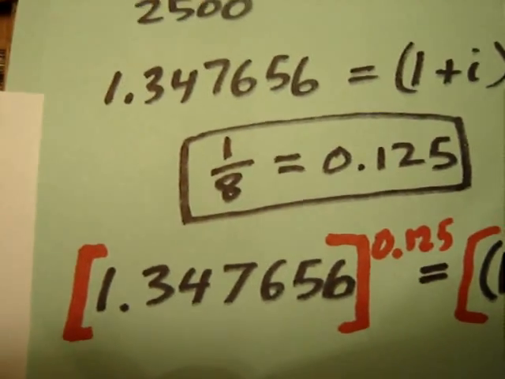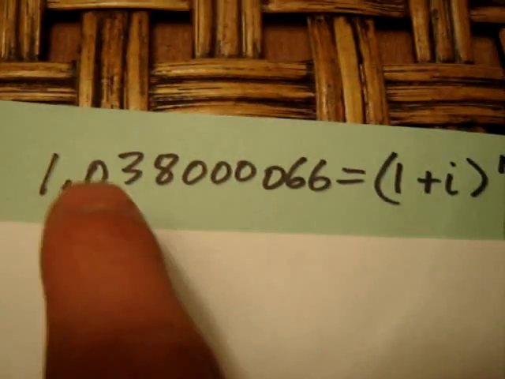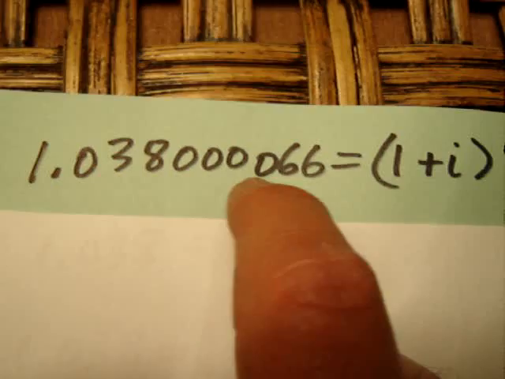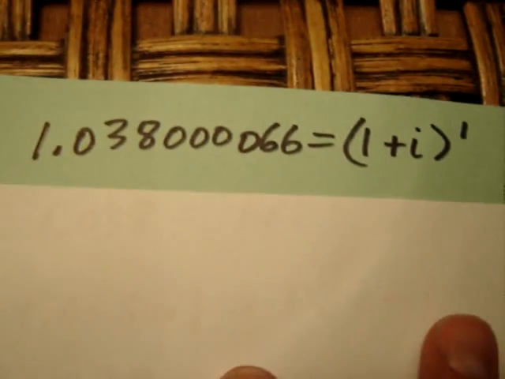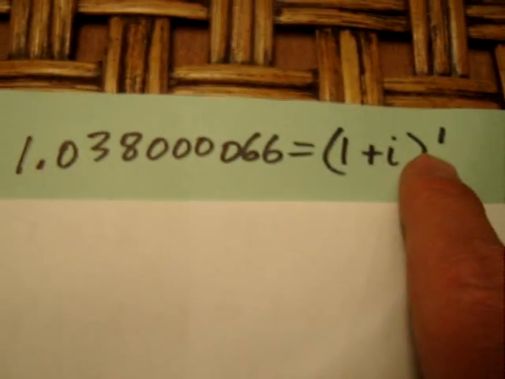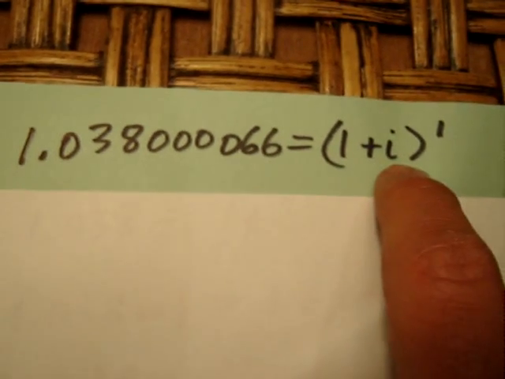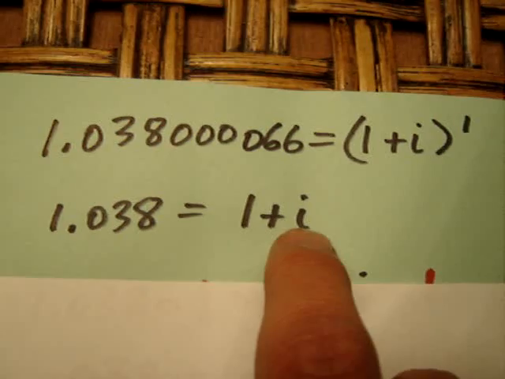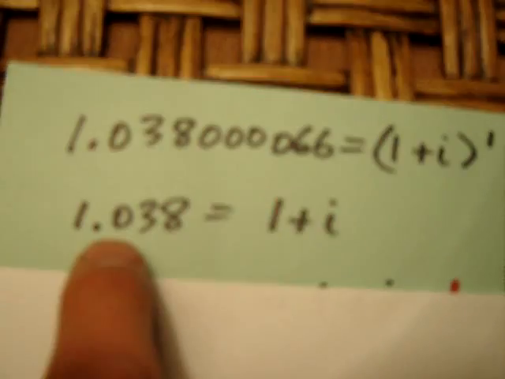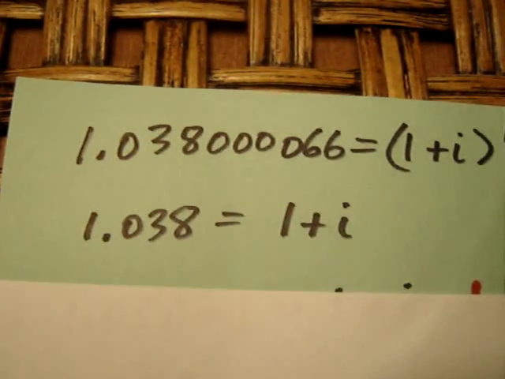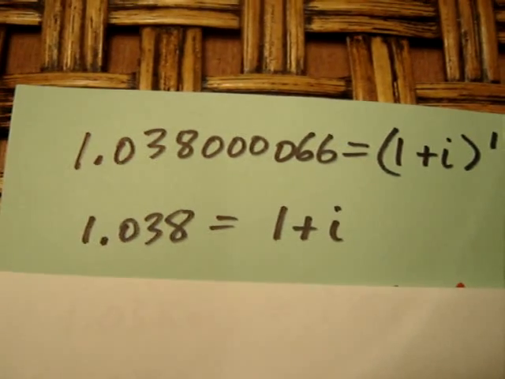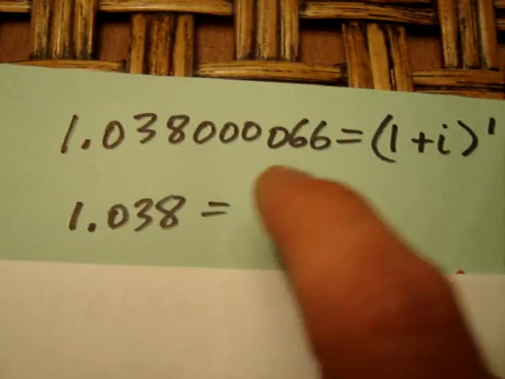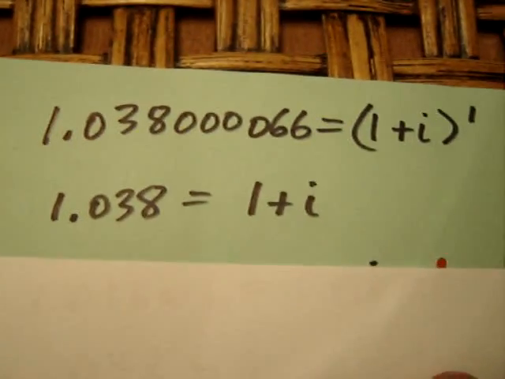Thankfully, I have a calculator to tell me. The calculator tells me that that amount equals 1.038000066. Well, I'm going to remove the exponent 1 from being visible here. So I'll call it 1 plus I. I'll round this down to 1.038. Now I almost have I isolated, but what I need to do is subtract 1 from the right-hand side and subtract 1 from the left-hand side.